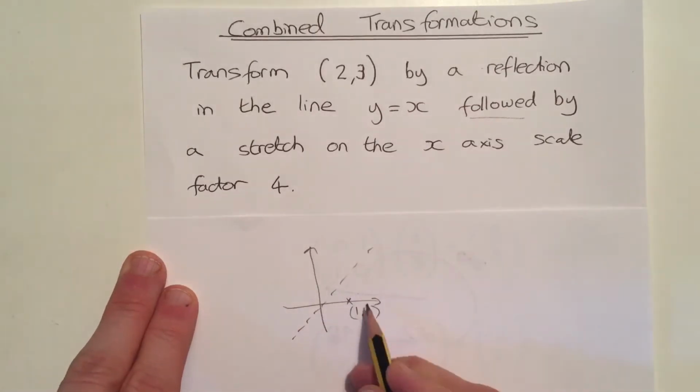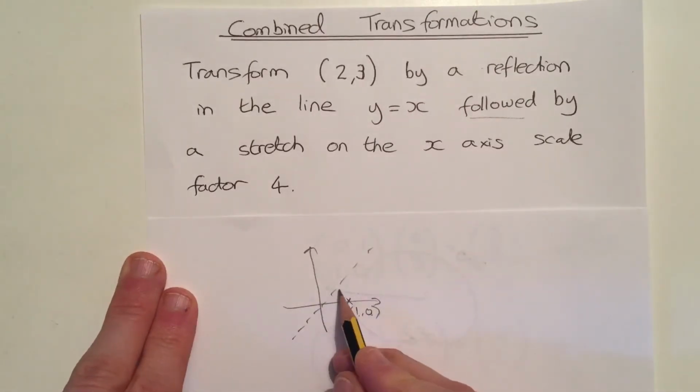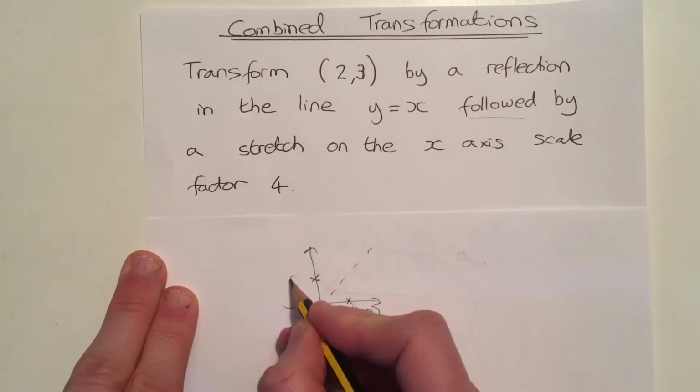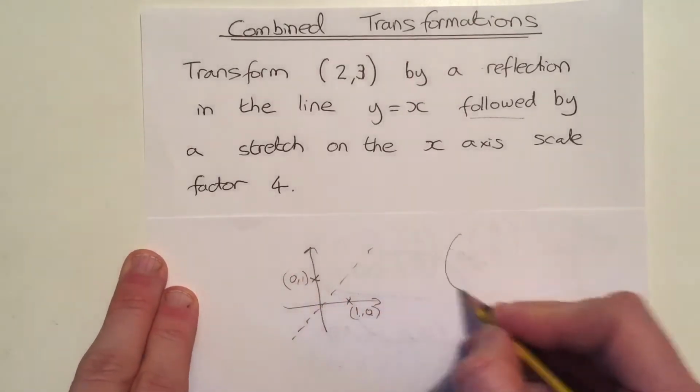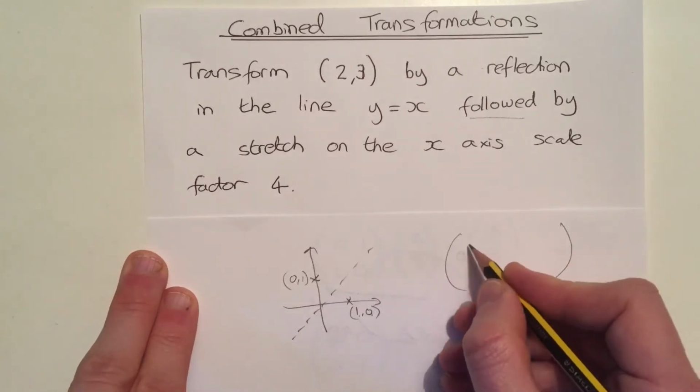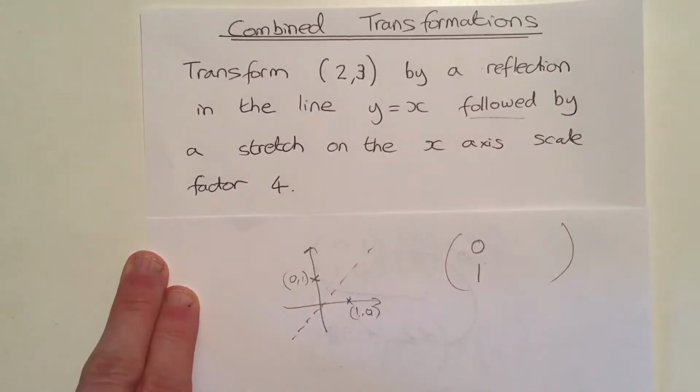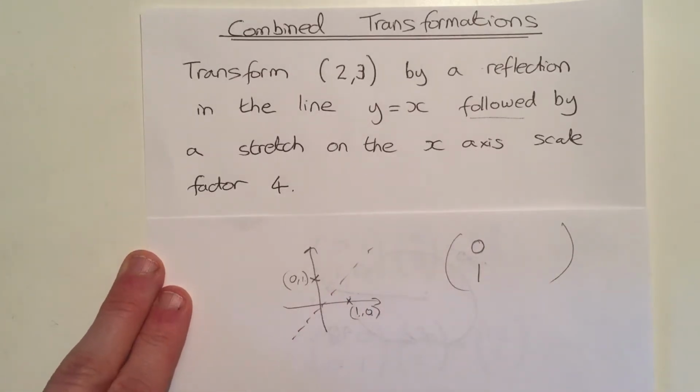So if I reflect the point (1, 0) in the line y = x, this reflects over here and I get the coordinate (0, 1). So that tells me that I have (0, 1) as the first column of my matrix.